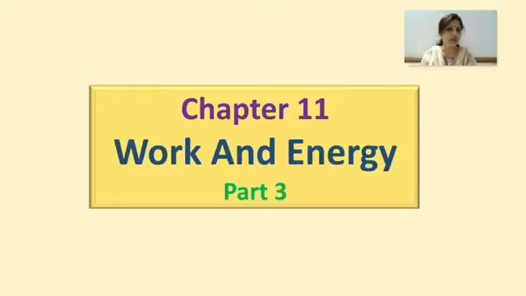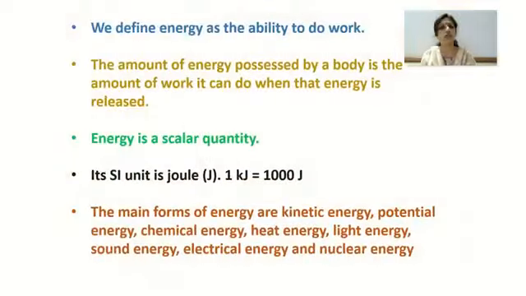So here we go. Let's have a quick revision of what we have done in the previous classes of science about work and energy. We have discussed that energy is the ability to do work, or it is also described as the capacity to do work. The amount of energy possessed by a body is the amount of work it can do when that energy is released.